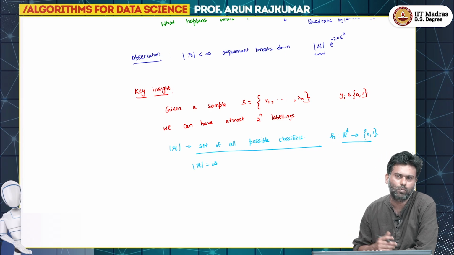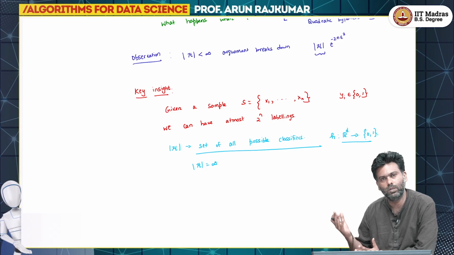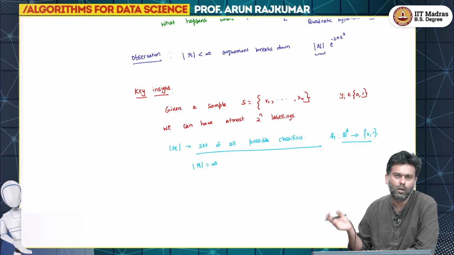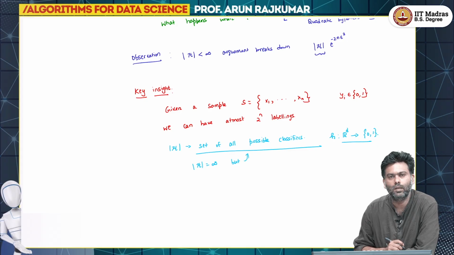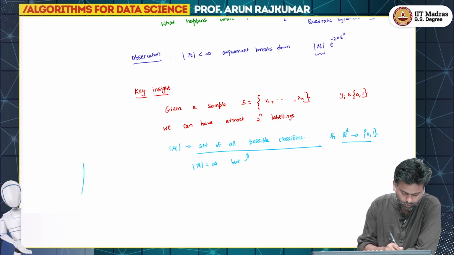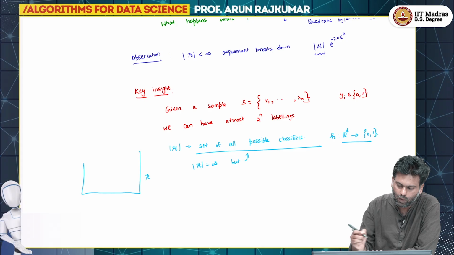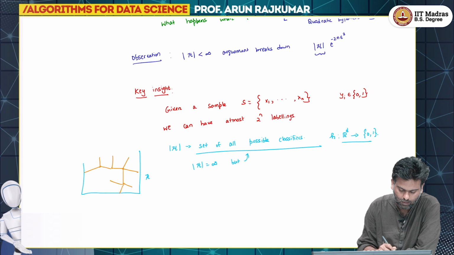Even if it is linear, there can be infinite classifiers. This is the set of all possible classifiers, which includes linear, quadratic and whatnot. So H is infinity, but the number of labelings is only finite, 2 power n, right. So if you think of this bag of classifiers, this is the hypothesis class. What we are essentially saying is that there are these equivalent hypotheses in this bag, right.